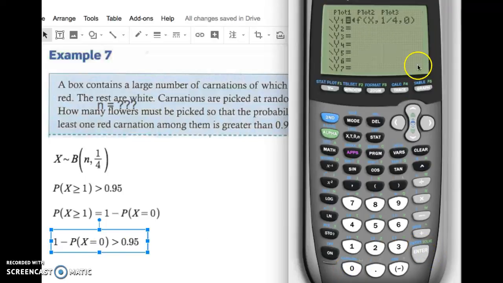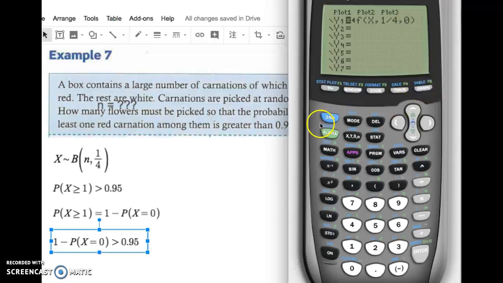And I'm done. So now my y1 has 1 minus Bino PDF, and my n is x, which is what we have to find, and the probability is 1/4, and my x in this case equals 0, so that's why the 0 is there. At this point, I'm just going to go to my table.